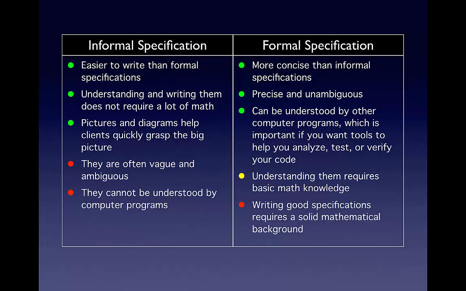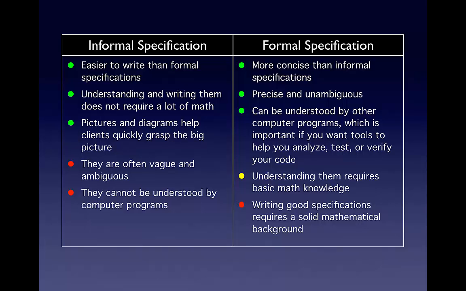Formal specifications tend to be more concise than informal specifications. They're always precise and unambiguous. And perhaps their biggest benefit is that they can be understood by other computer programs, so that people can write tools that utilize them.